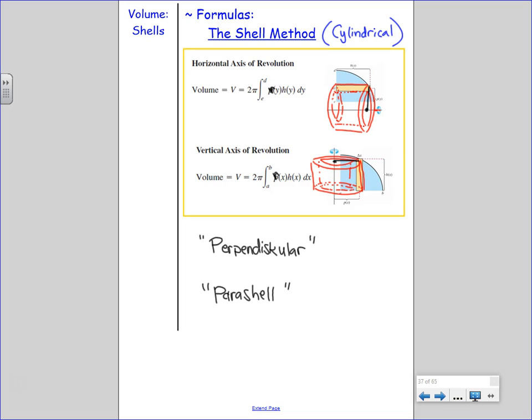So if I have a horizontal axis of revolution, then my representative rectangle is going to be parallel to that, so it's going to be a dy. If I have a horizontal axis of revolution and I'm slicing, it's going to be perpendicular, so it's going to be dx. It's perpendicular, para-shell. It's a silly way of remembering whether to have dx or dy. Oh, so it's parallel, it's going to be dy.